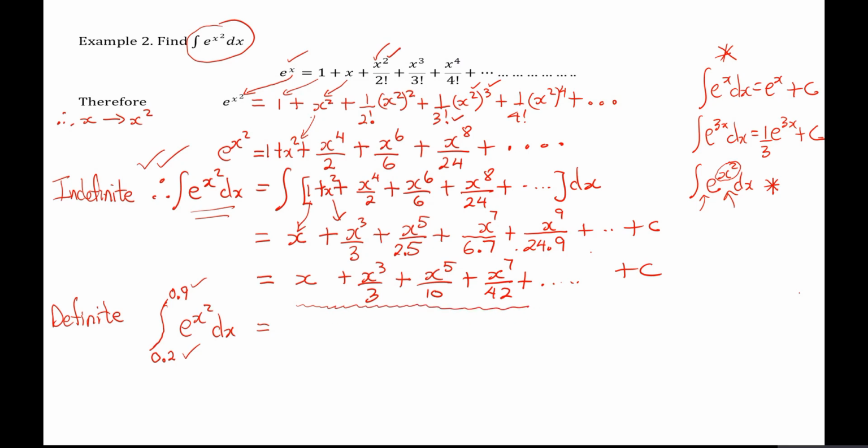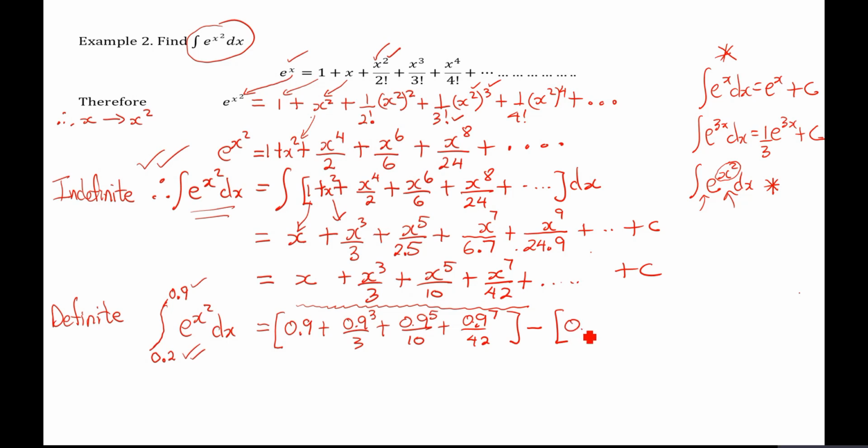I substitute into that answer the upper bound. So wherever I see x, put 0.9. 0.9 cubed over 3. 0.9 to the power 5 over 10. 0.9 to the power 7 over 42. And then minus, now in the same terms, you substitute 0.2.